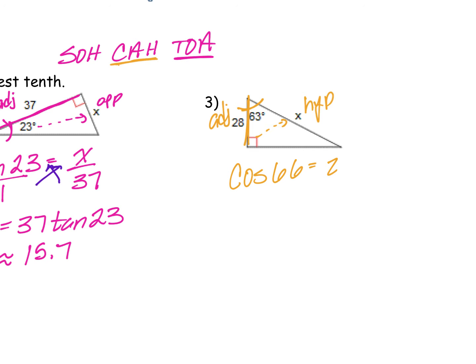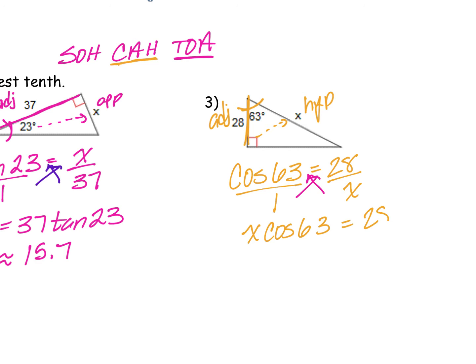That is not a 63. Okay, let's try that one more time. Cosine of 63 equals adjacent, which is 28 over x. So make 2 fractions, cross multiply, and I get x cosine of 63 equals 28.